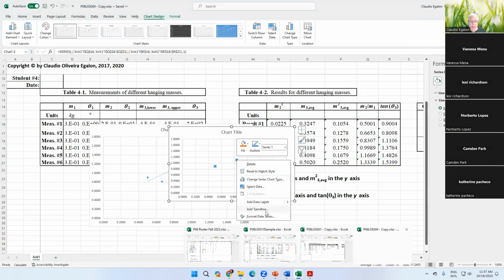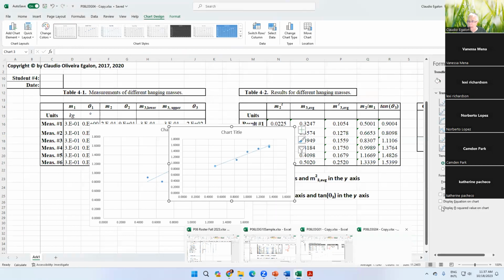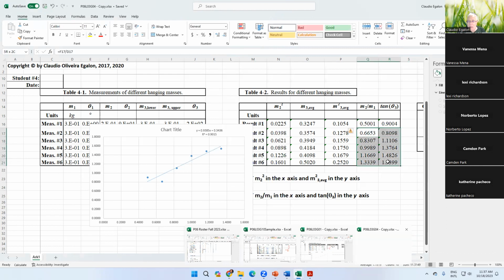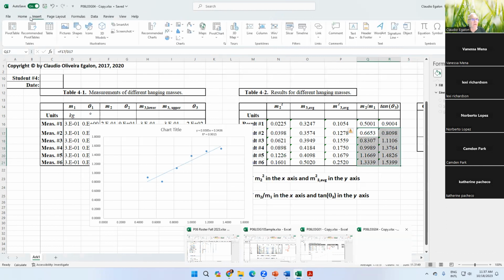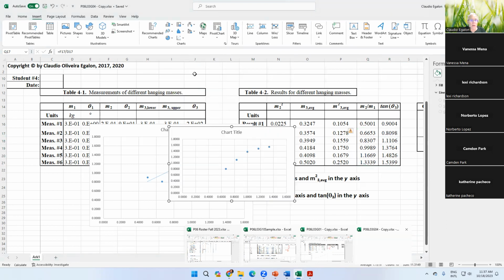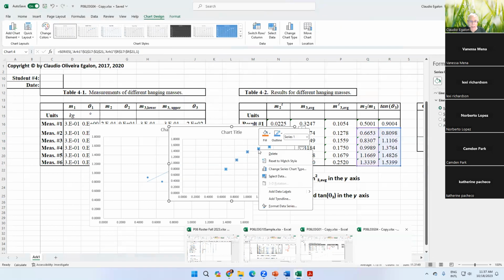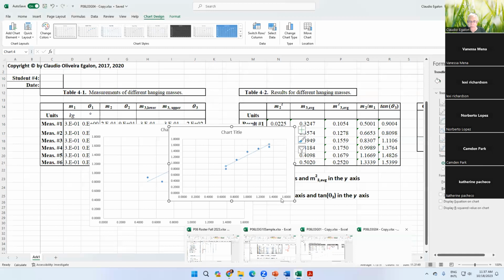Okay, I eliminated that point that seems to be the outlier. No, that's not the outlier. Okay, maybe this is the outlier. Let's see. Insert. Man, those guys didn't do a good job, those guys who collected this.